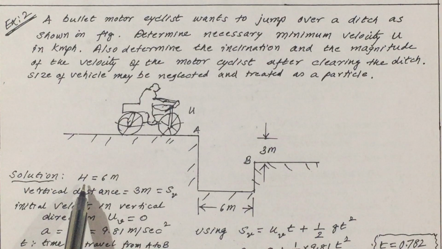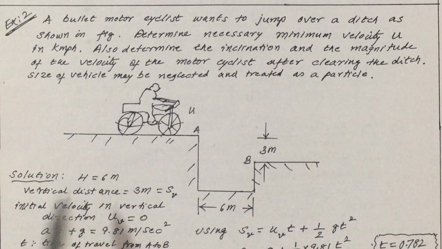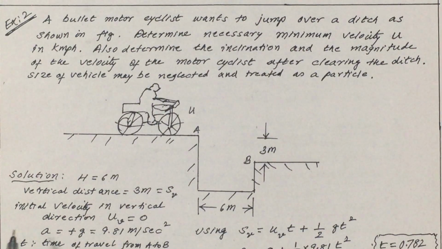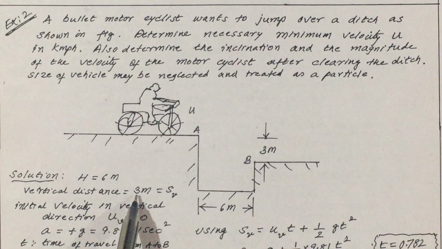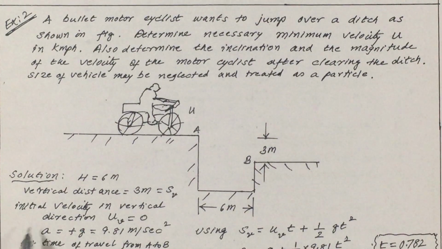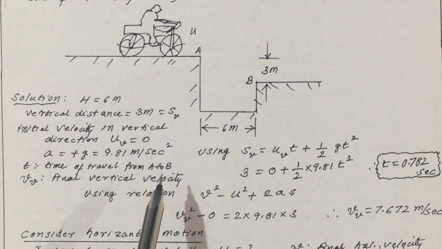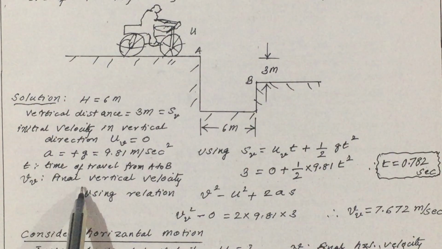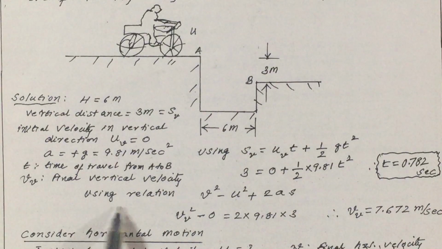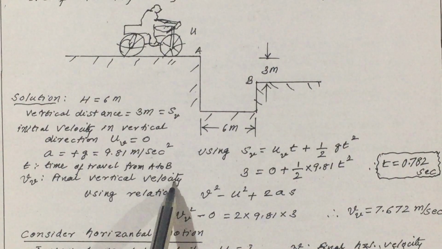Solution is given by, here the height h is equal to 6 meter, the vertical distance is equal to 3 meter, then initial velocity in vertical direction uv is equal to 0, a is equal to plus g, that is plus 9.81 meter per second square. t is the time of travel from A to B, Vv is the final vertical velocity.